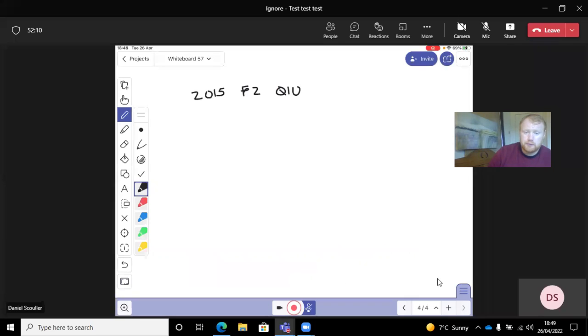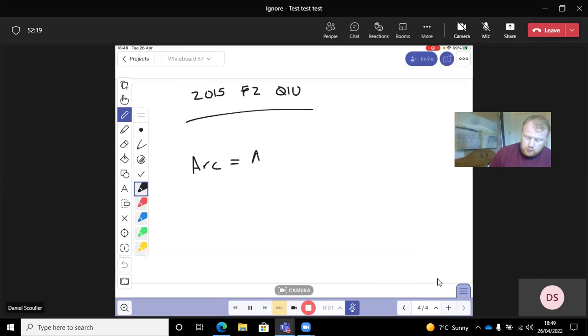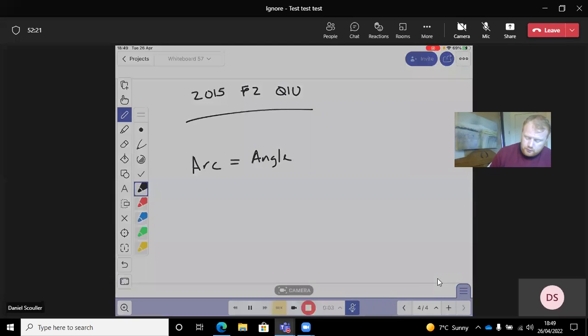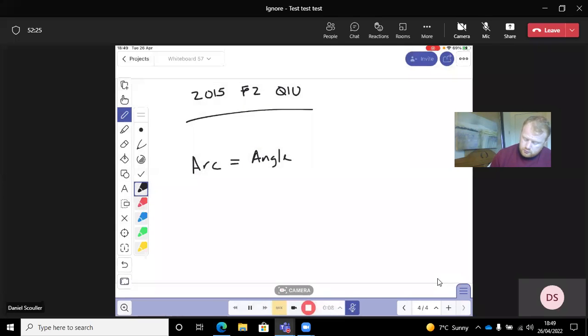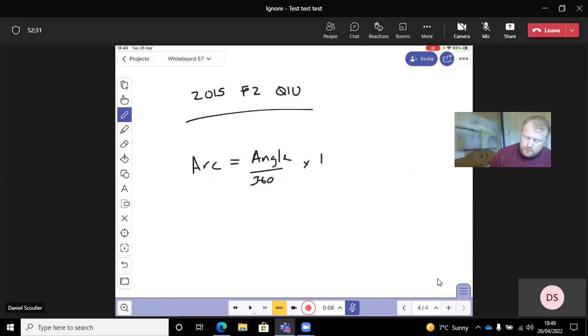Okay, so writing out the equation, length of arc equals angle over 360 multiplied by pi multiplied by d.